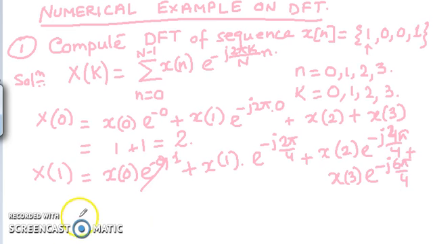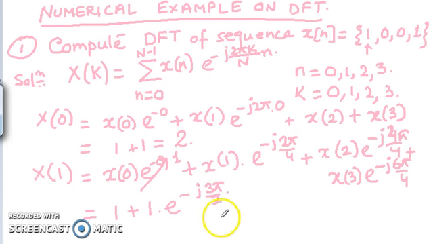If you take all the values, the first is 1, and the values of x1 and x2 are 0, so we can take those terms as 0, and x3 is 1, so it will be 1 into e to the power minus j 3 pi by 2.